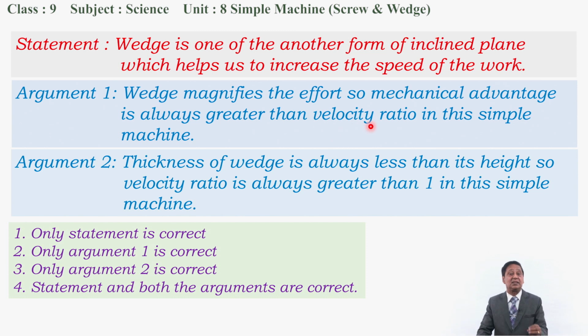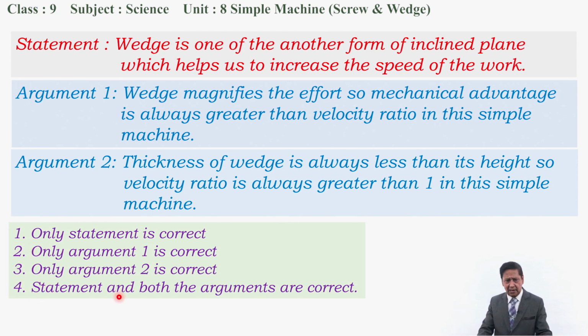Velocity ratio is the ratio of two distances, which is not affected by friction, but mechanical advantage is the ratio of two forces, and it is affected by friction. It is always less than velocity ratio. That's why argument 1 is incorrect. So I'm going to cancel this second one also.